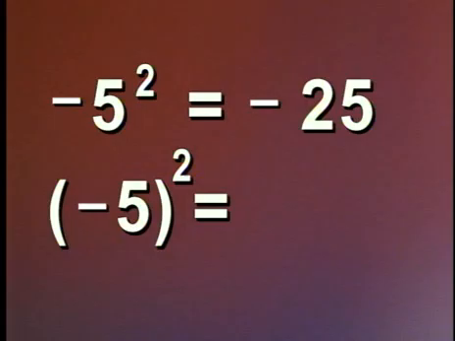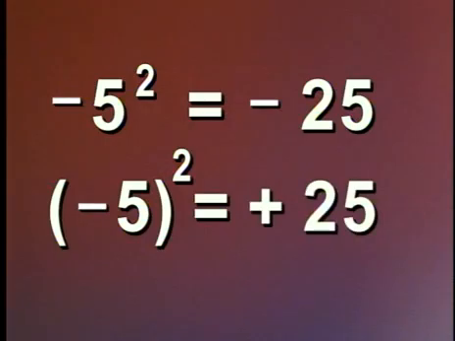That means take the negative of 5 and then square it. Well, squaring means multiplying it by itself, and negative 5 times negative 5 is a positive 25. So it does make a difference. If you're going to square a number and include the negative, that negative has got to be in the parentheses, and then you square it.